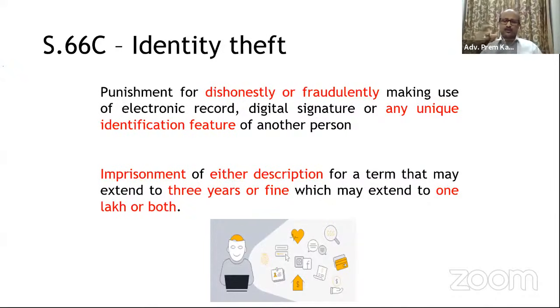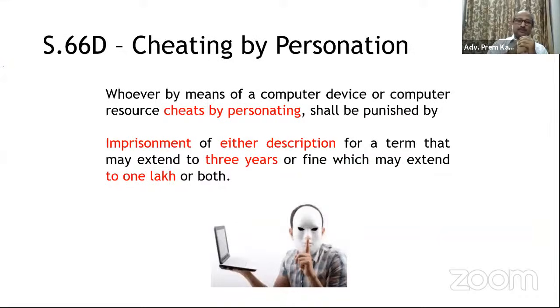This person takes these photographs and creates a fake ID on other social media platforms or Facebook as well, and projects her in a bad light. Now, what can be brought into it? This act. The person dishonestly and fraudulently uses the unique identification feature, of course, the photograph. So all these types of acts attract section 66C. With that, I go to 66D, cheating by personation.